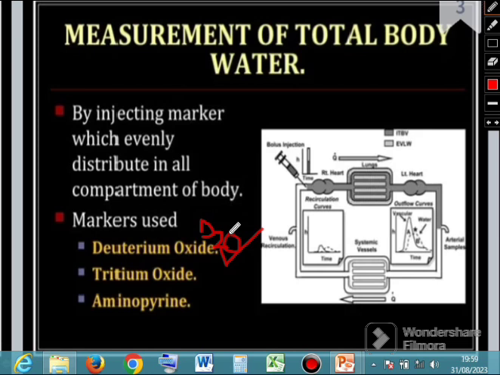It is one of the important biomarkers used to measure total body water. Others are tritium oxide and aminopyrine. But the major biomarker used to measure total body water is deuterium oxide.